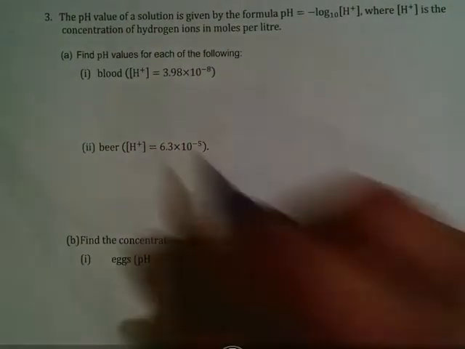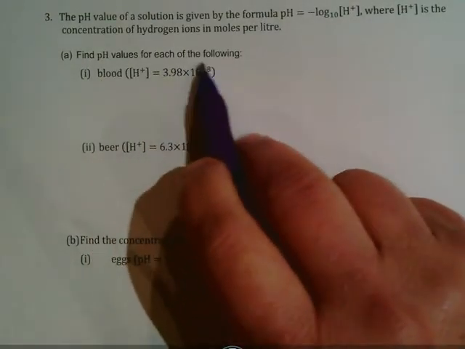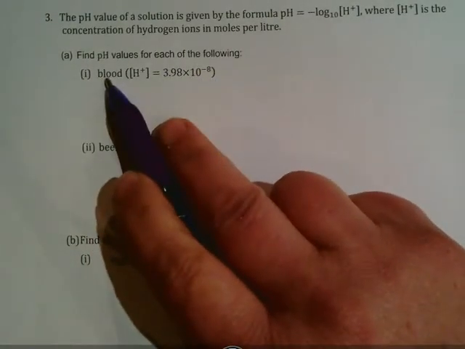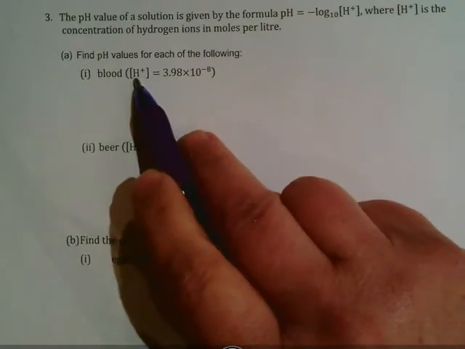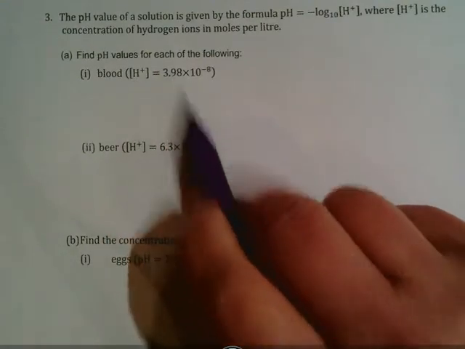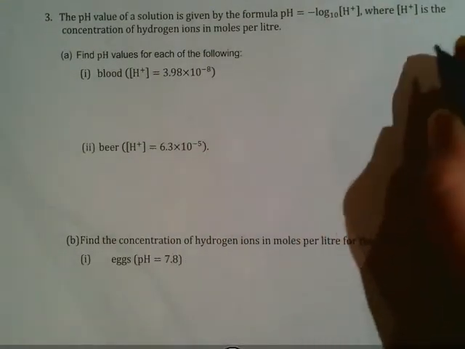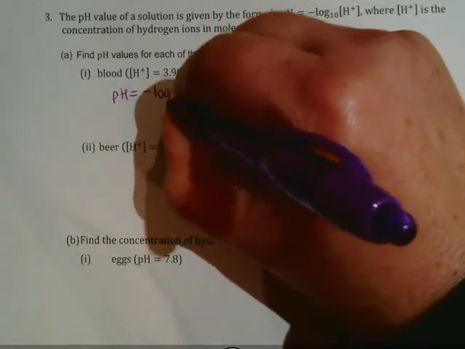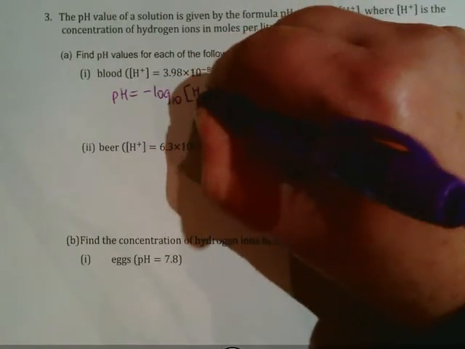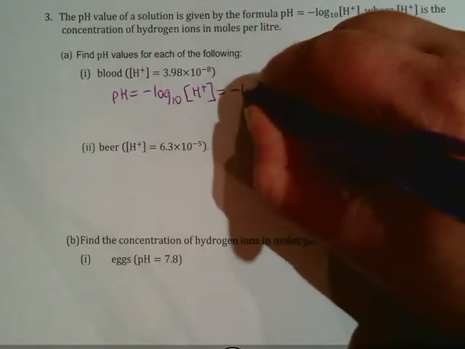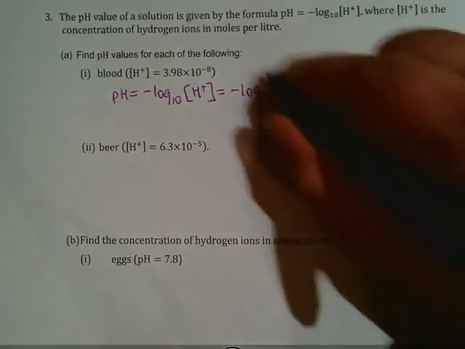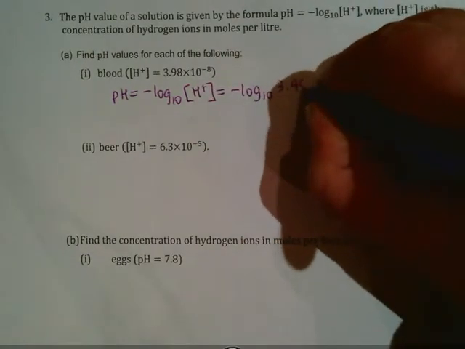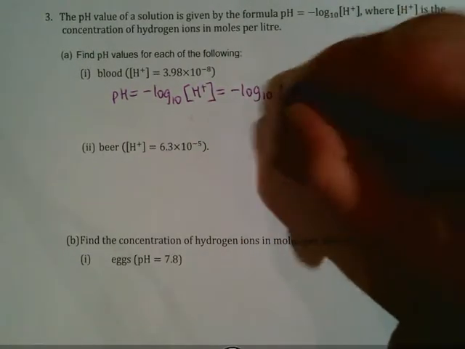Okay, and the first question is to find the pH values of each of the following. The pH of blood, which has a hydrogen ion concentration of 3.98 times 10 to the power of negative 8. So pH equals negative log to the base 10 of the hydrogen ion concentration, which is negative log to the base 10 of 3.98 times 10 to the power of negative 8.